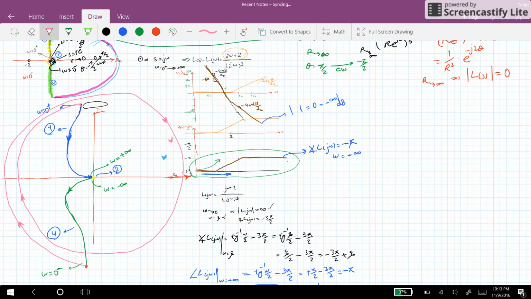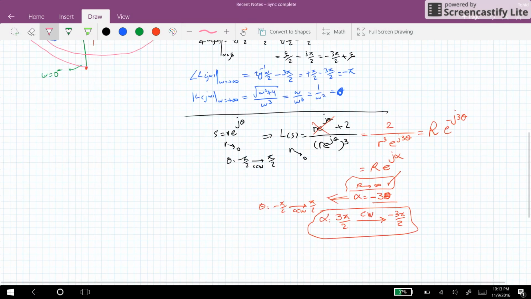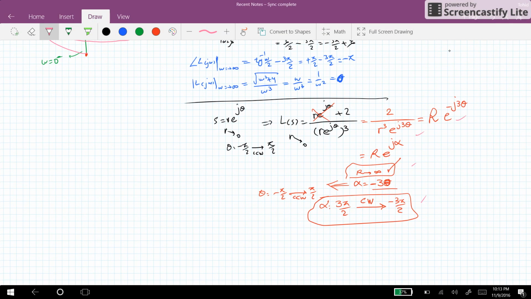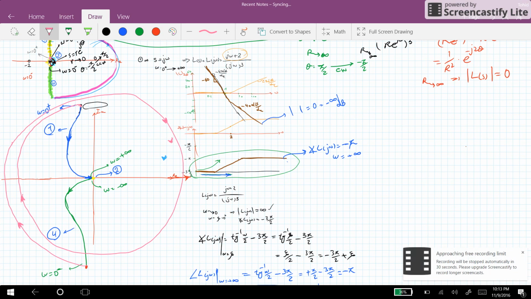So even without referring to all these formulas, by looking at the number of poles at the origin and the direction of the semicircle around the origin, you could decide about the number of semicircles that you would have with the radius of infinity for your system. Okay, so this is all for the Nyquist plot.